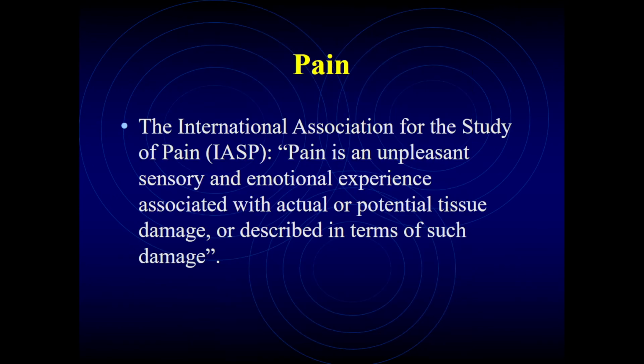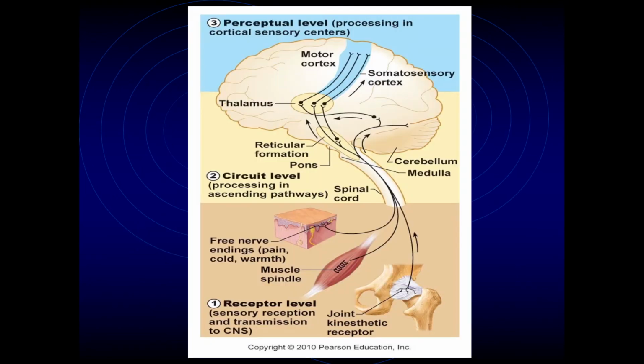The next type of sensation is visceral, or interoceptive, sensation, or analyzer, or sensory system. The visceral sensory system provides information about the state of the internal environment of the body.